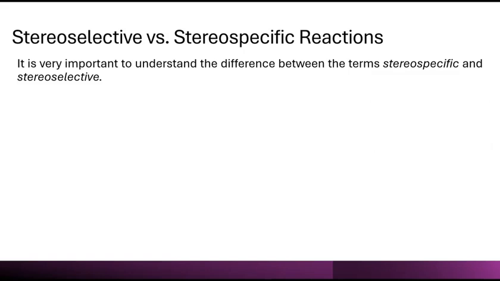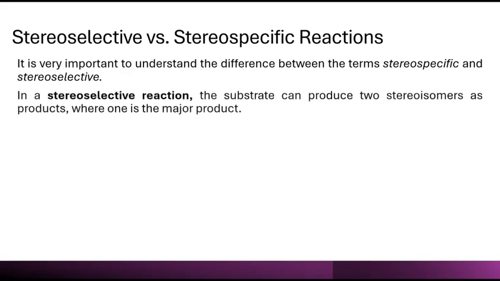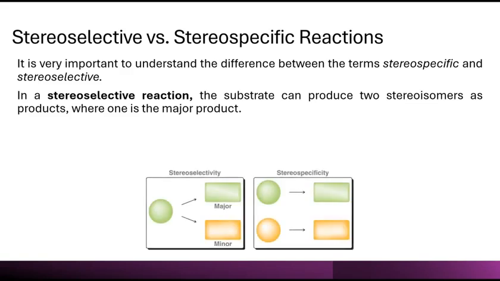Stereoselective versus stereospecific reactions. It is very important to understand the difference between the terms stereospecific and stereoselective. In a stereoselective reaction, the substrate can produce 2 stereoisomers as products, with one being the major product. So here is an example of stereoselective.